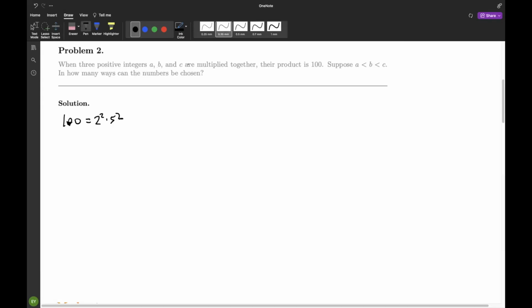And we know that a times b times c is equal to 100, where a, b, and c are all positive integers. I'll rewrite it just in case.